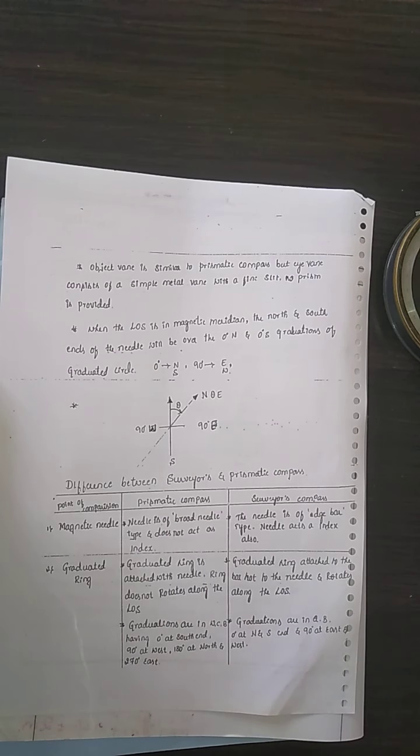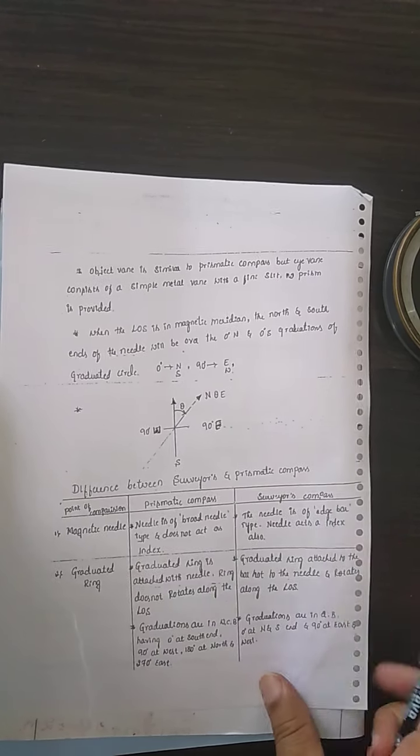Then the graduated ring, as I have told, is attached to the needle and does not rotate along the line of sight, whereas in your surveyor's compass the graduated ring is attached to the box, so the needle and the graduated ring are going to rotate.